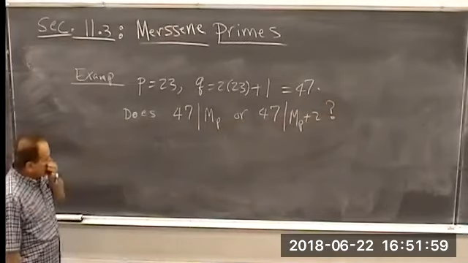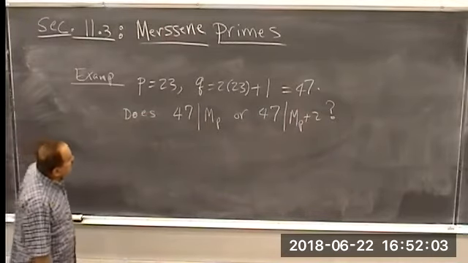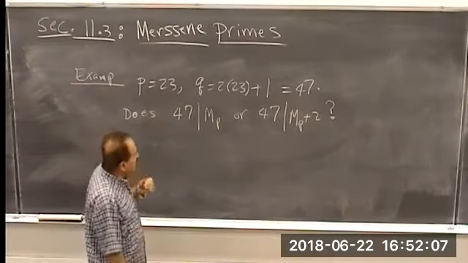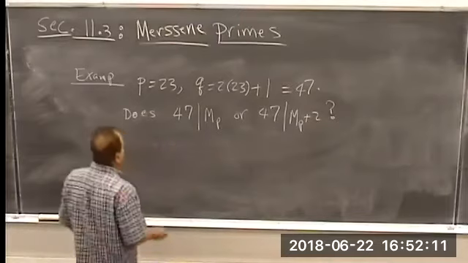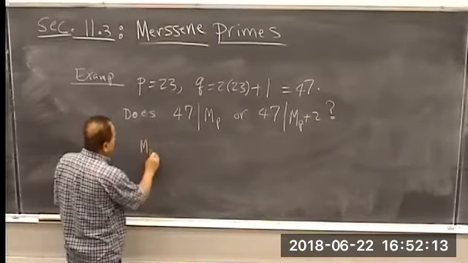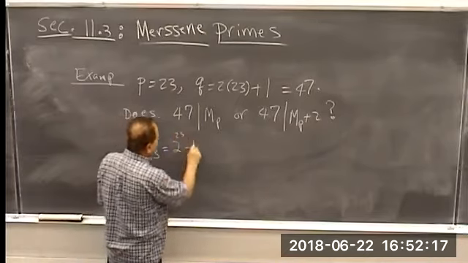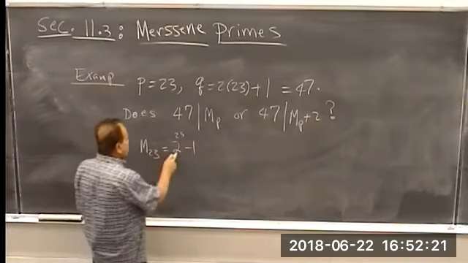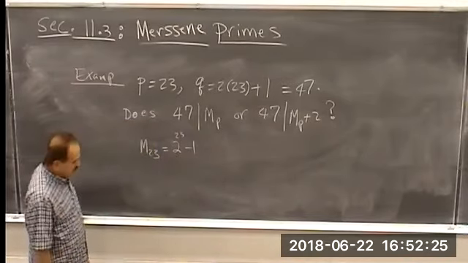Either this or the other one. And to do this, I wanted to look at M23. This is going to be 2 to the 23 minus 1. So I would like to look at what this is mod 47, okay?